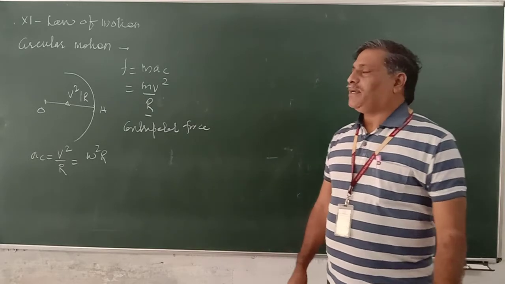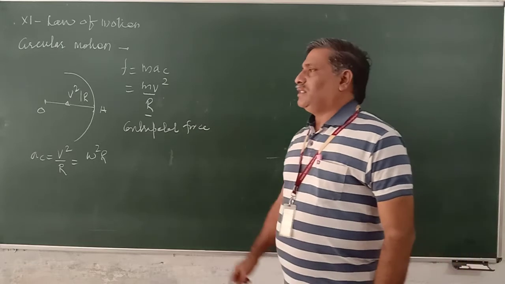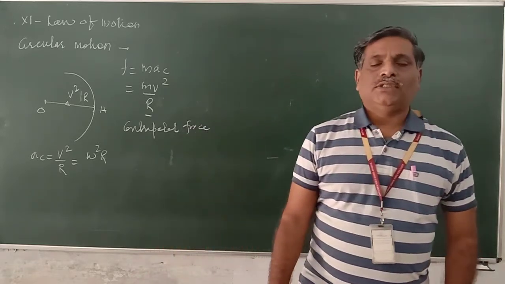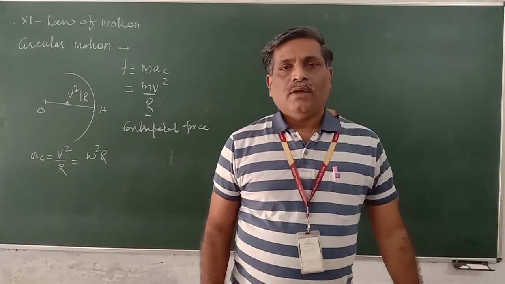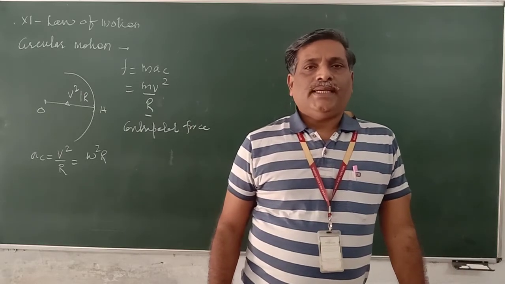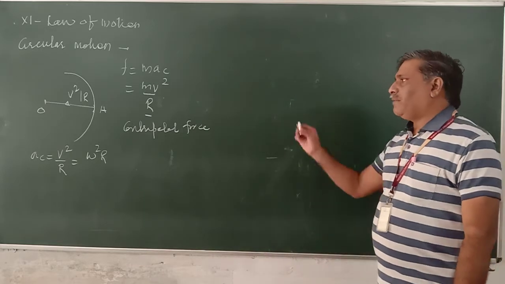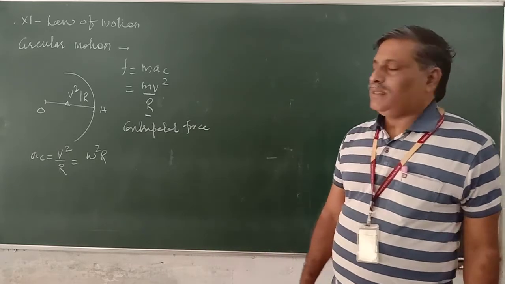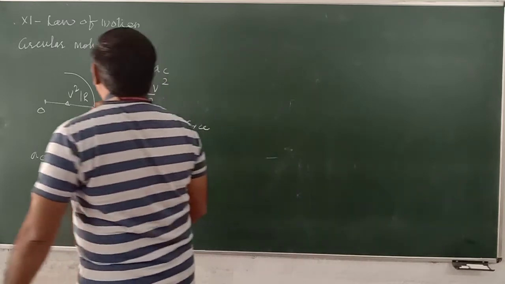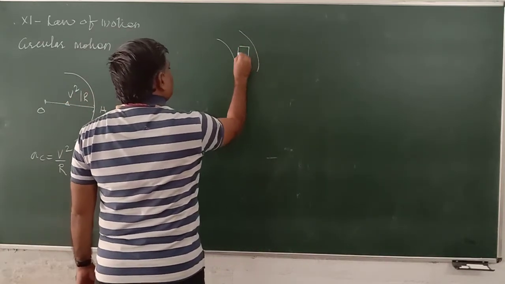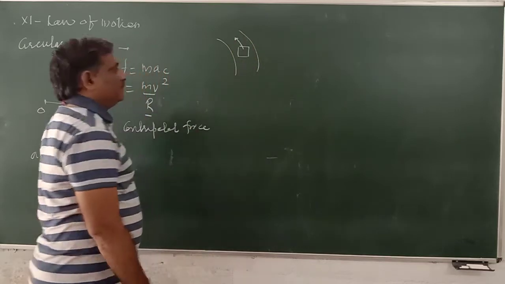Now, this centripetal force is required for an object to take a turn along a circular path. Whenever the object is taking a turn along a curved road, centripetal force is required. Suppose this is the curved road. Here is an object and it is taking a turn.